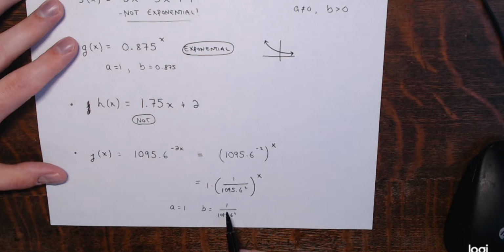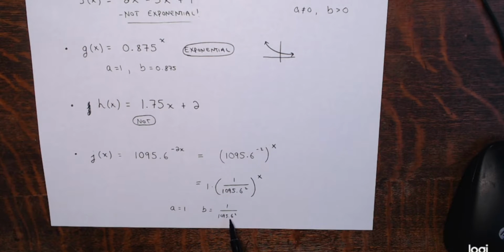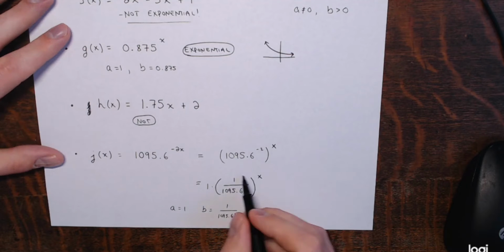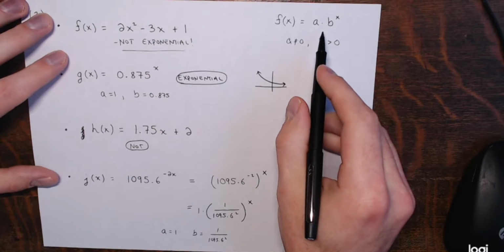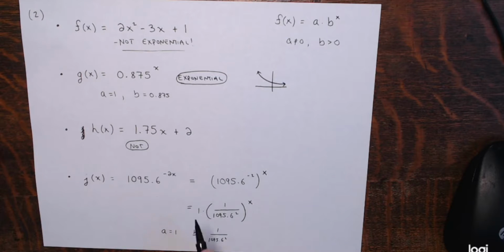This is a positive number, right? Taking a positive number to a negative power is still a positive number. So this has that form where a is 1 and b is whatever this 1 over 1095.6 squared is, and then to the x. This is exponential.